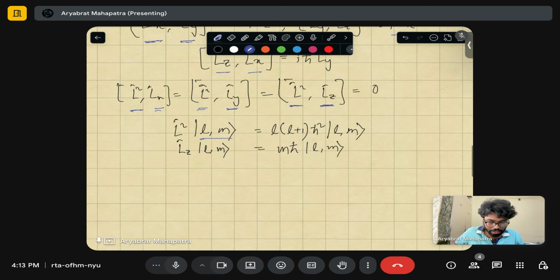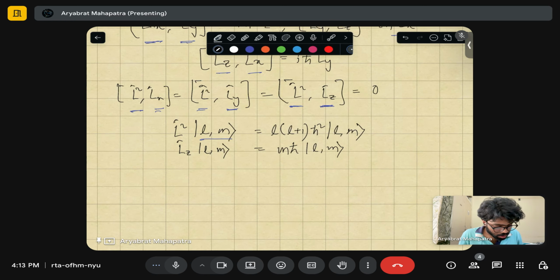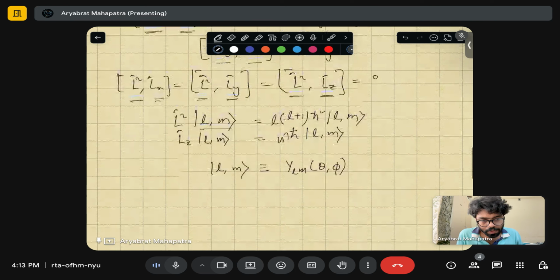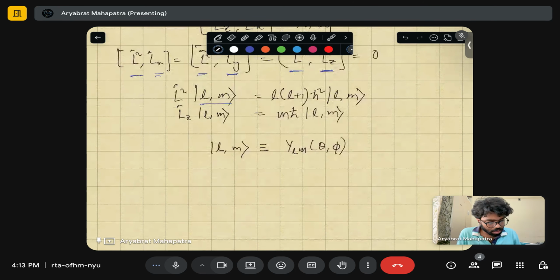This is a notation that is defined for the eigenstate Ylm. This is your eigen wave function, and in vector notation it is denoted as the ket of lm.